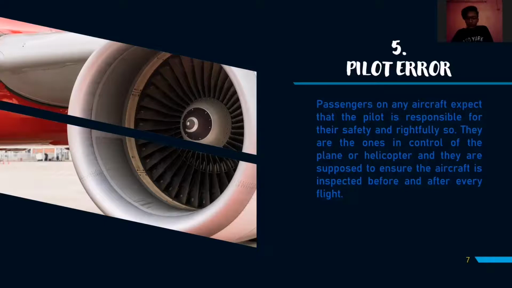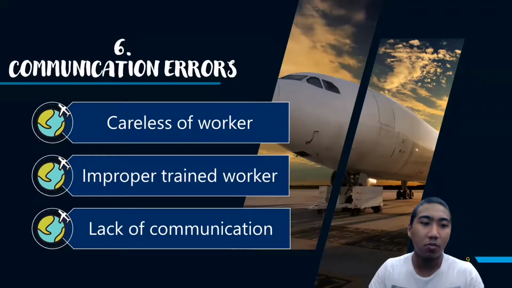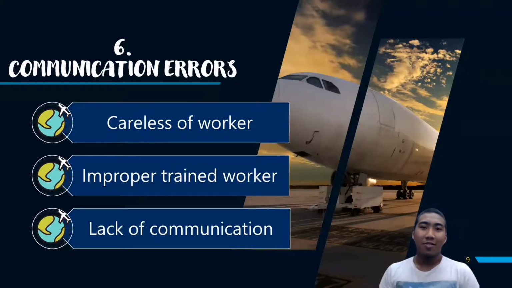Hence, the definition of pilot error does not include a deliberate crash, and a deliberate crash is not an accident. My name is Muhammad Syami, and number 6 is communication errors.